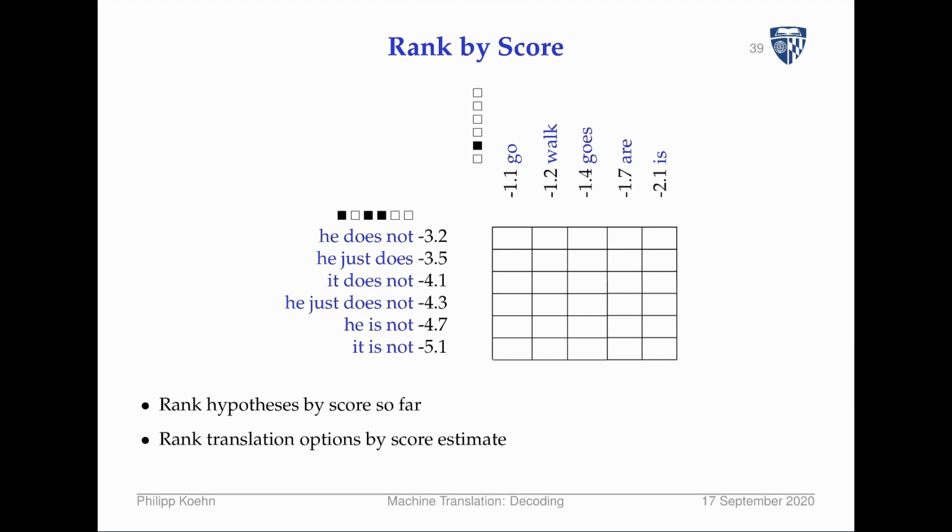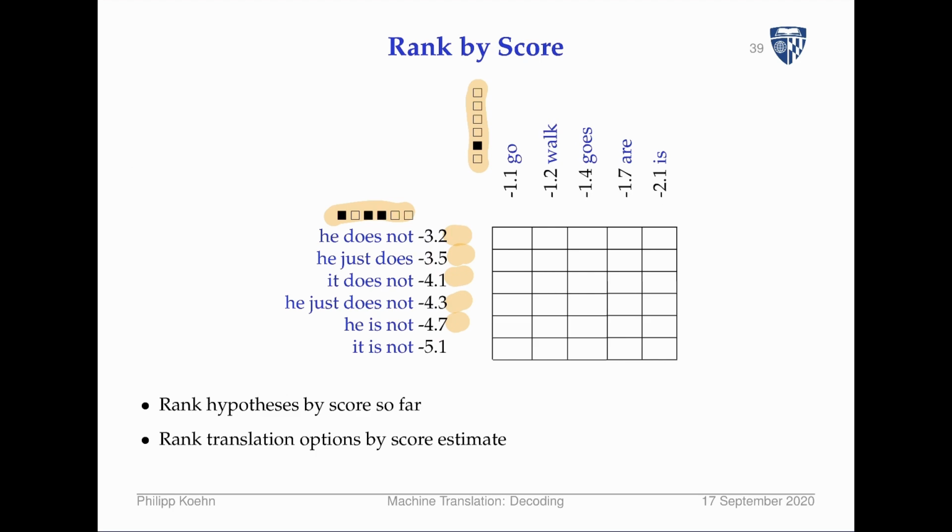So first, we're going to rank these hypotheses by score. This is our most likely hypothesis so far, the second one, and so on. They all have the same coverage, so the future cost is the same for all of them, but otherwise I could factor in the future cost here.